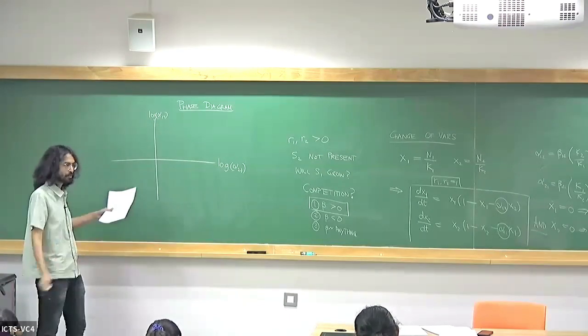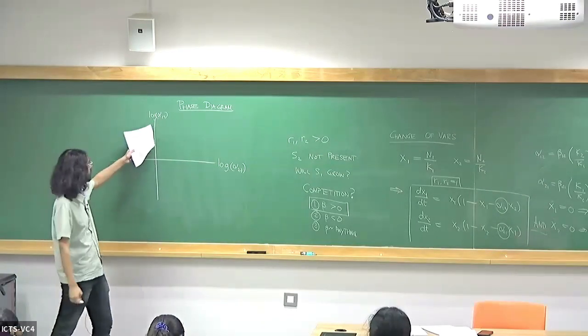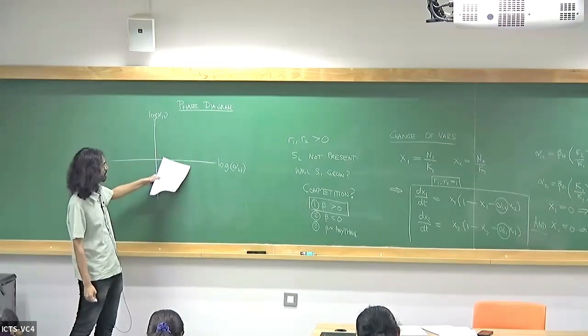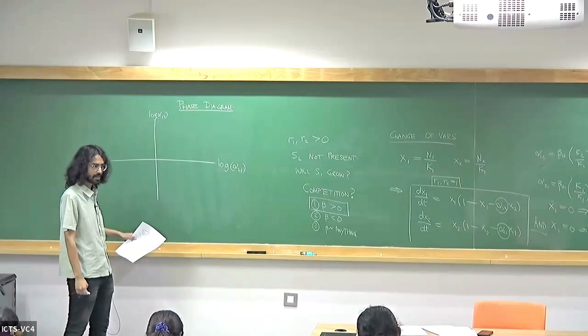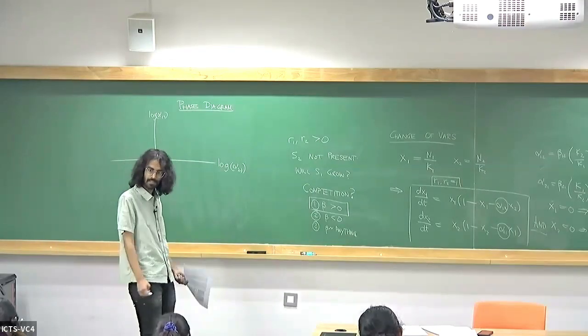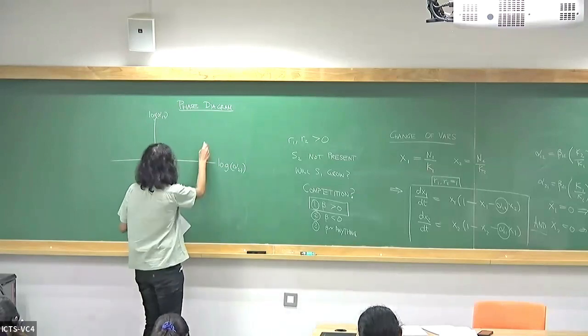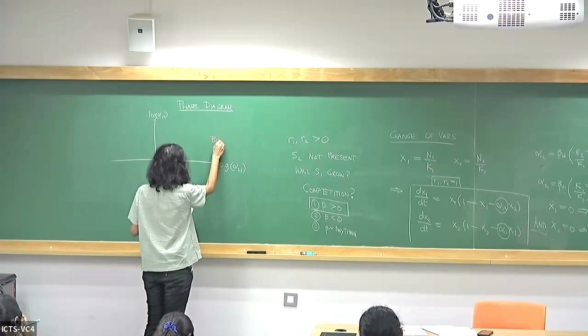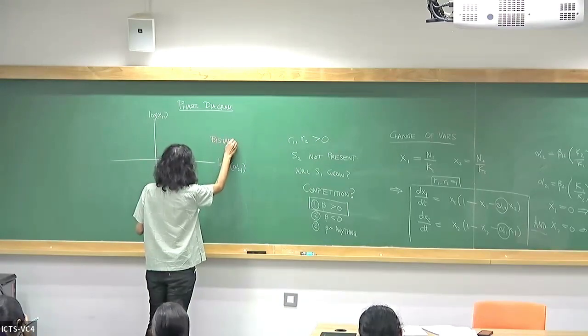Of course, when log of alpha 1, 2 is greater than 1, you're on this side. Log of alpha 2, 1 greater than 1, you're on this side. And so on and so forth. So there are 4 possibilities, and these are the 4 cases.